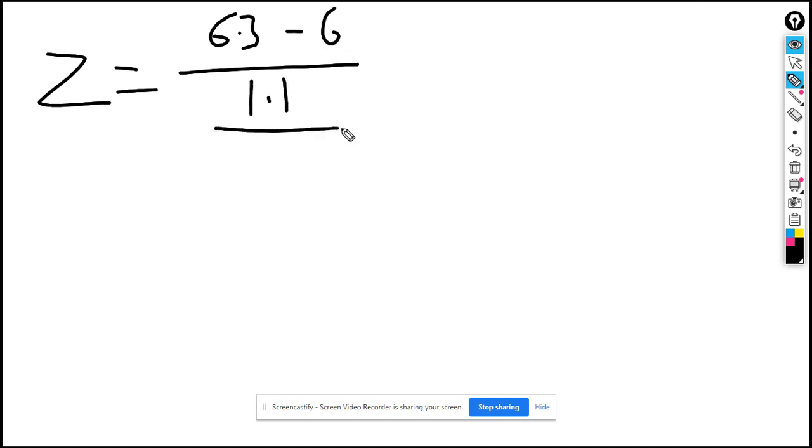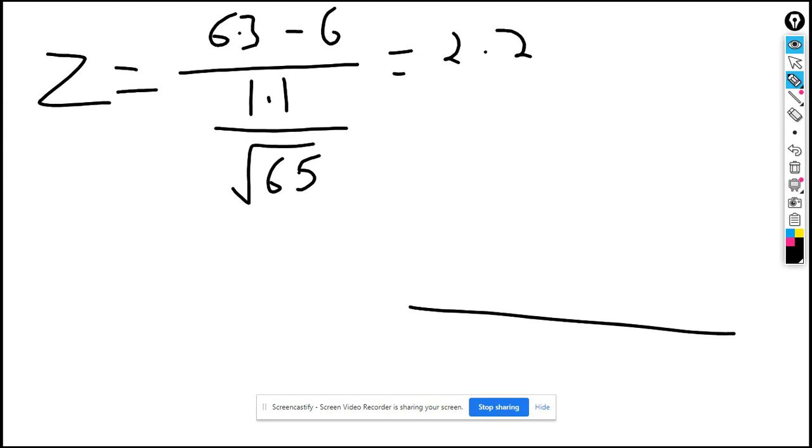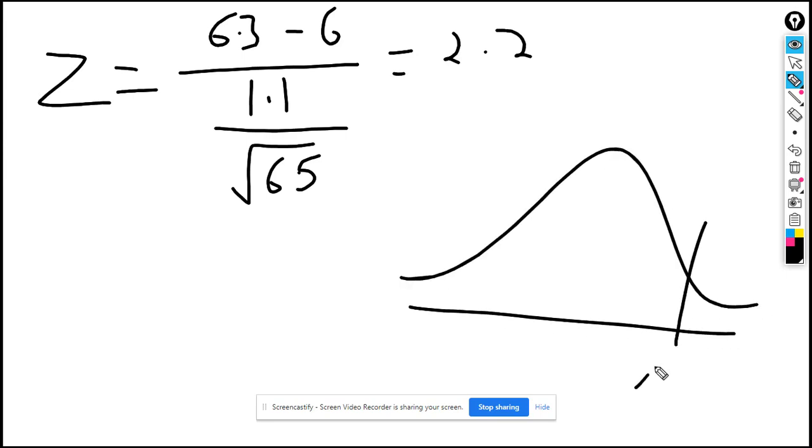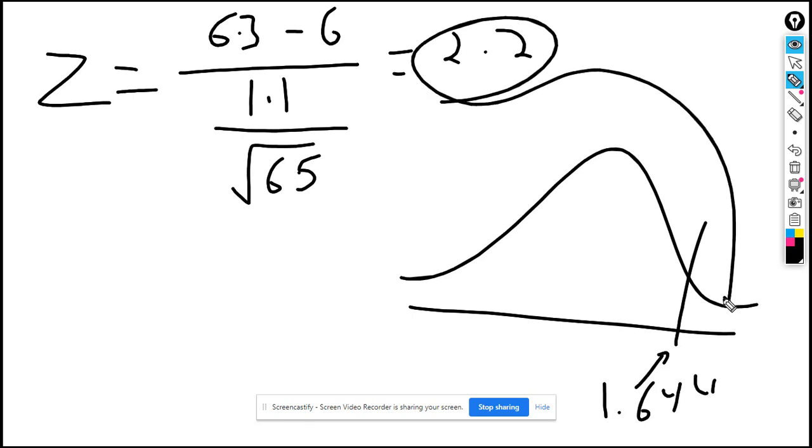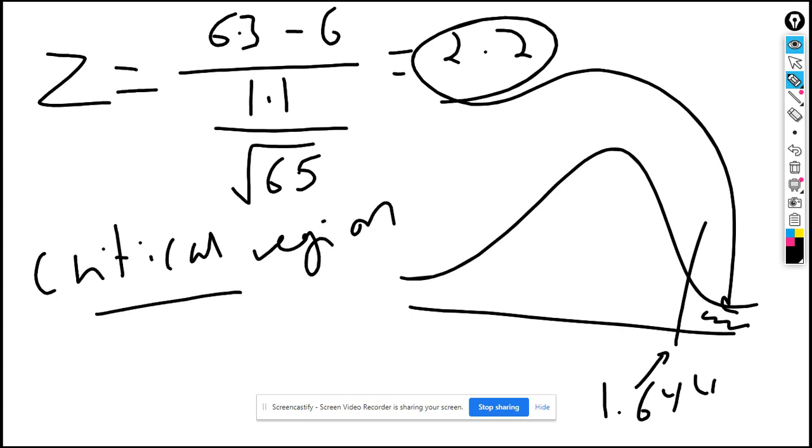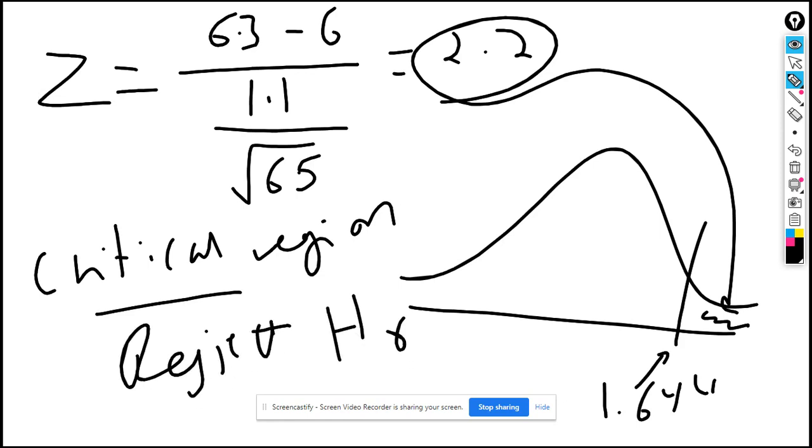Standard deviation 1.1 divided by square root of 65 gives me 2.2. Now look here. The line stopped at 1.644, and 2.2 is located here. What does it mean? It comes in the critical region. So I have to reject the null hypothesis.